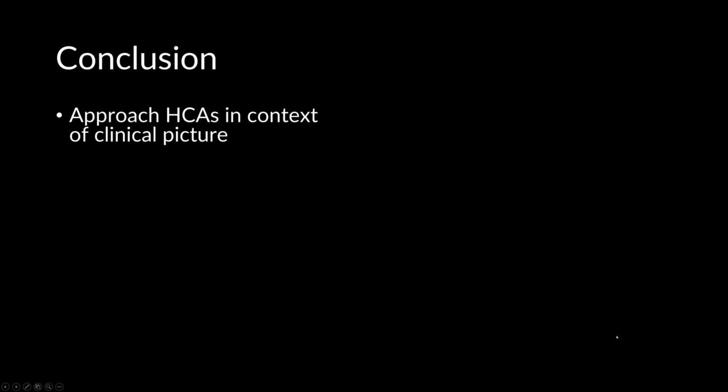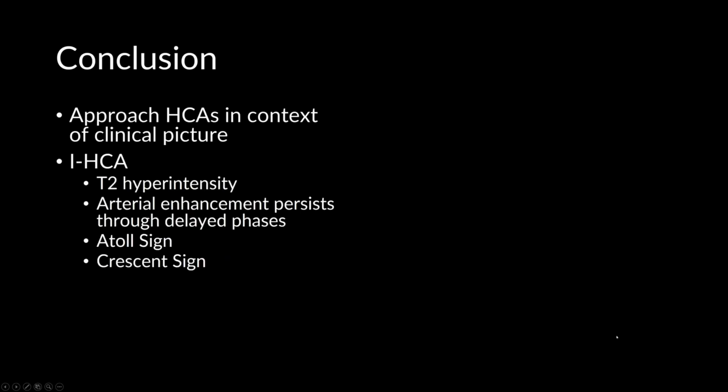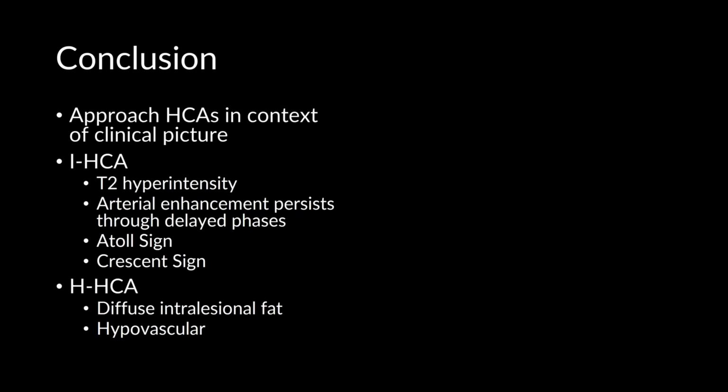So in conclusion, we need to approach these lesions knowing what the clinical picture is. Inflammatory adenomas are well identified by their T2 hyperintensity and their prominent arterial enhancement that persists on the delayed phases. The atoll sign and the crescent sign are good signs to identify inflammatory adenomas as well. HNF-1-alpha adenomas have that diffuse intralesional fat and are hypovascular.